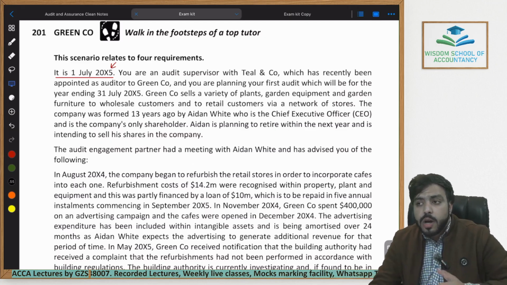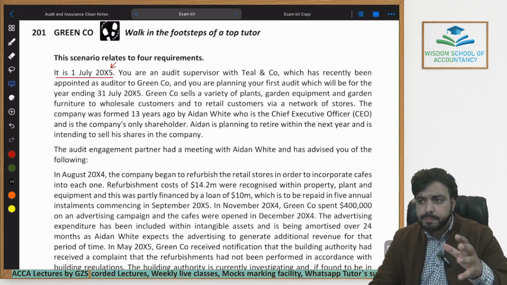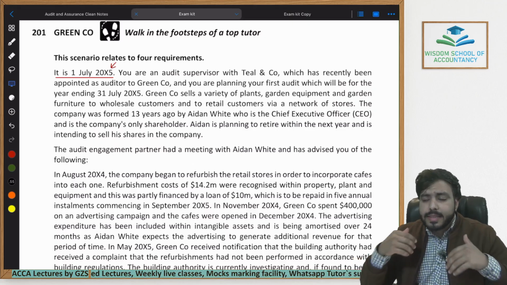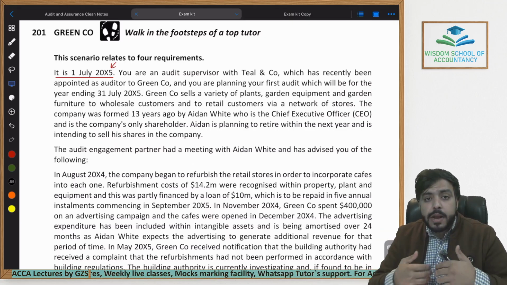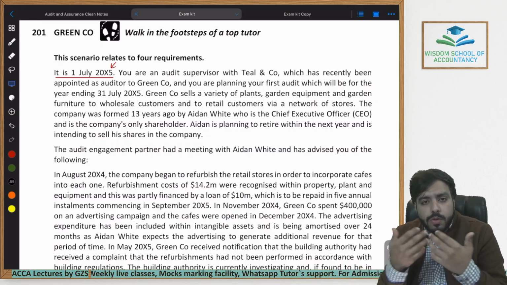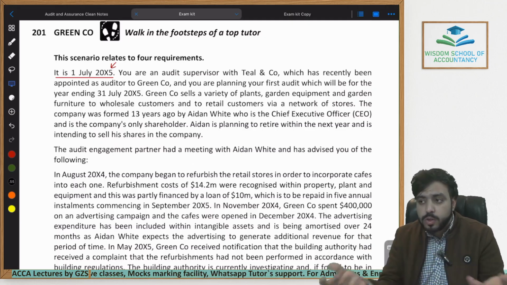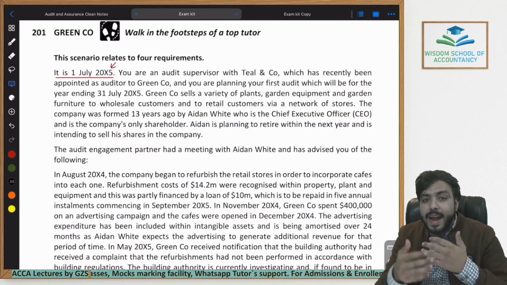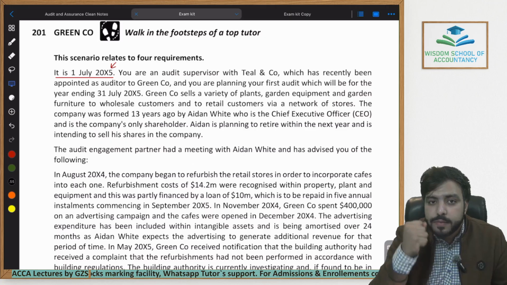But when you are auditing a company that is completely new to you, an audit firm gets a new audit client, that audit firm has no experience with that client, because of which they may not be able to understand a lot of the things of the company, complex calculations, so on and so forth. How do they do their accounting calculations? And they may not be able to identify material misstatements within the financial statements.